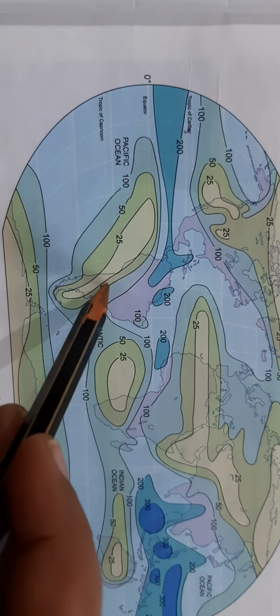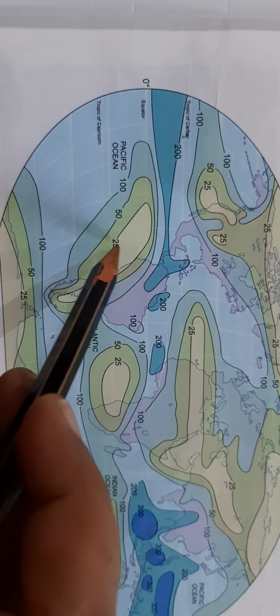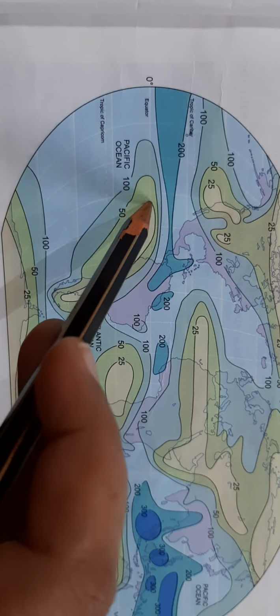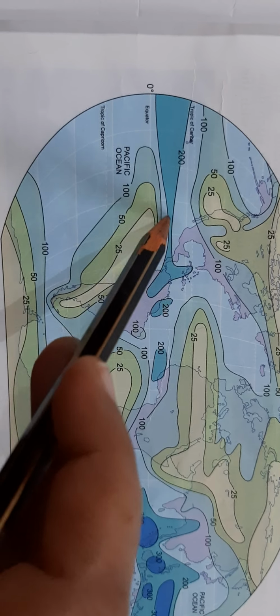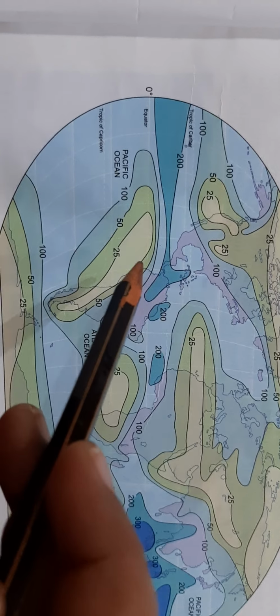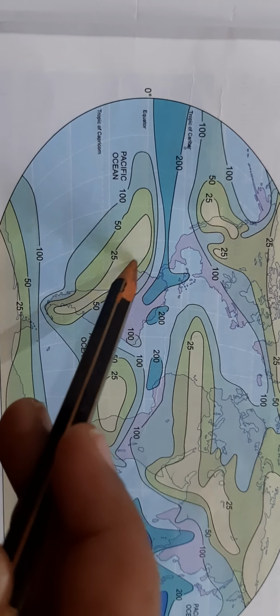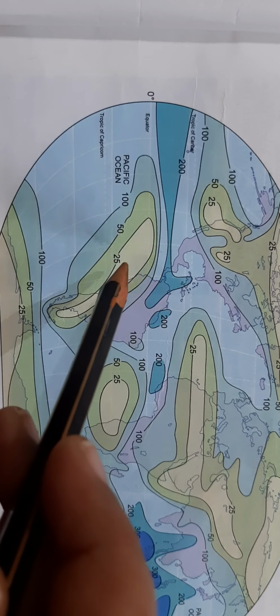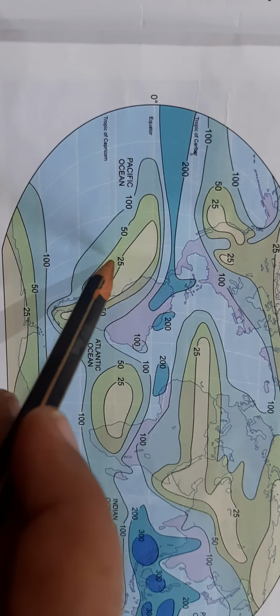Like you can check this black line, 25 is written here. It is joining many places. Whatever places this line is connecting, those places experience the same amount of mean annual rainfall, which is 25 centimeter.